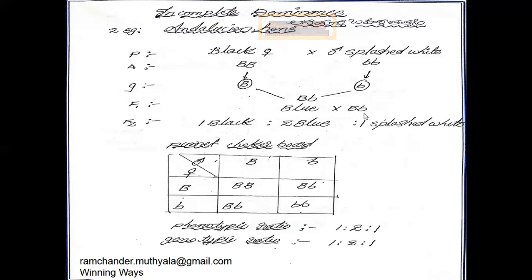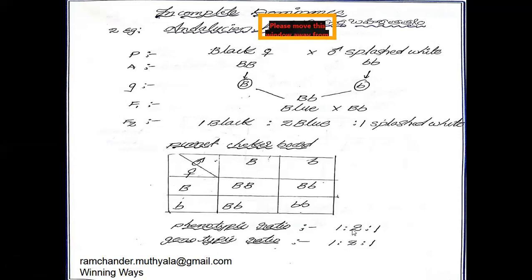These are self-crossed to form the F2 generation. They produce capital B gametes and small b gametes from each fowl. We can observe in the Punnett checkerboard the genotypic ratio and phenotypic ratio of incomplete dominance in Andalusian fowl: 1:2:1.